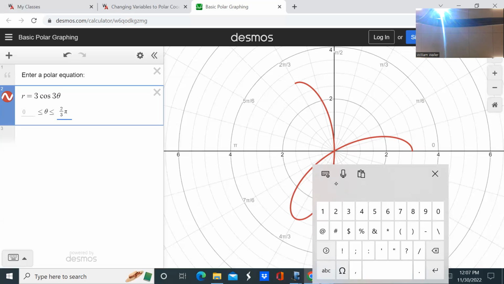And the maximum is 1. So you want to pick a domain such that cosine goes from -1 to 1. And 0 to pi will do that, right? Because at 0 it's at 1, and at pi it's at -1.